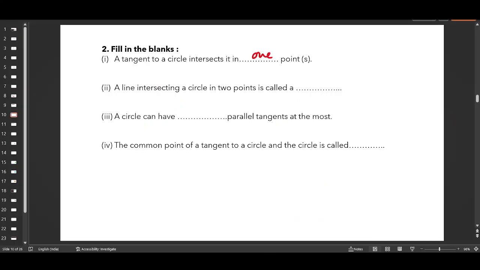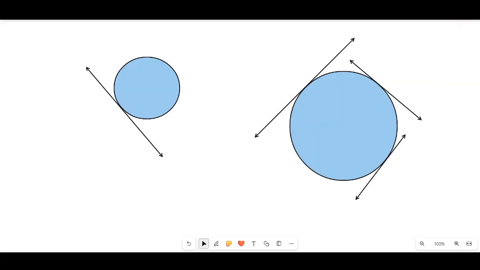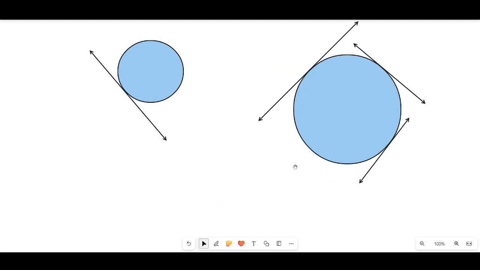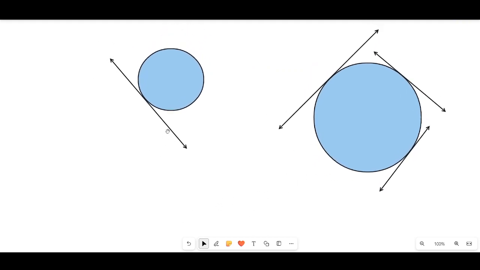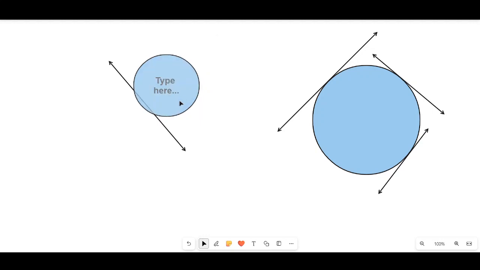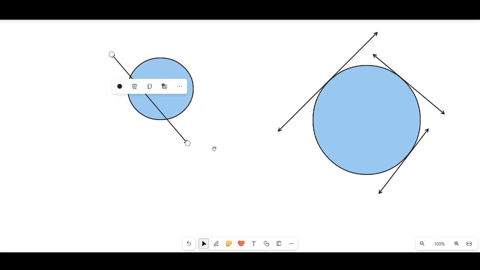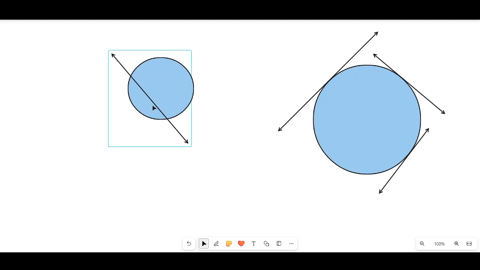Now, a line intersecting a circle in 2 points is called, here if you try to understand, what do you feel? If this line intersects, then you get 2 points.